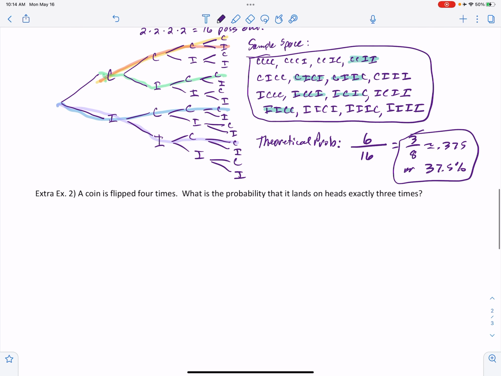So an extra example like this: a coin is flipped 4 times. What is the probability it lands on heads exactly 3 times? Well, it's going to look a lot the same, because a coin is heads or tails, and you're flipping it 4 times, so that is going to be a total of 16 possible outcomes.